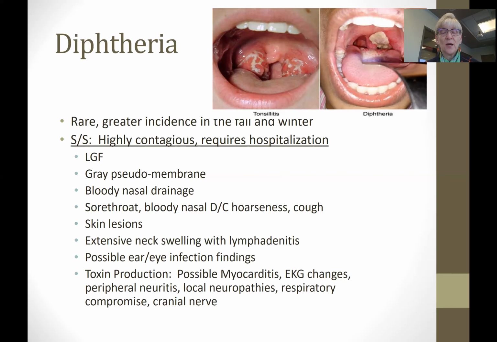It does produce a toxin that can cause myocarditis, EKG changes, peripheral neuritis, so fingertips, local neuropathies, respiratory compromise, and cranial nerve damage. So diphtheria is significant. And again, we just need to be cognizant of these kinds of things in our communities where we have low immunizations.